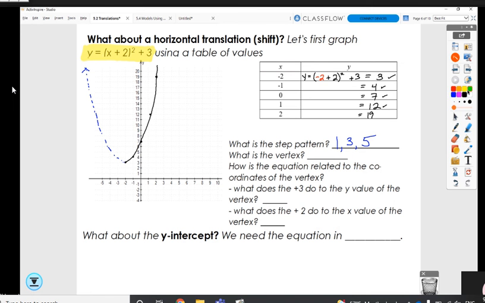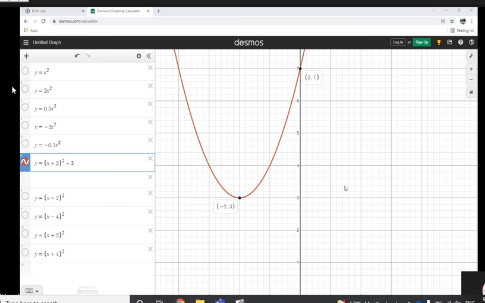Our step pattern here, over 1, up 1, over 1, up 3, over 1, up 5. Our step pattern, 1, 3, and 5. Our vertex is -2, positive 3.